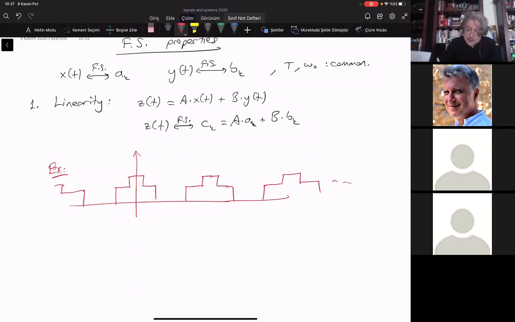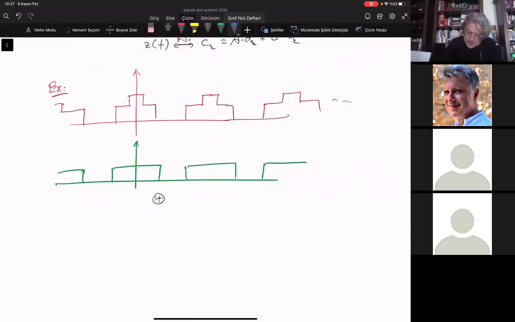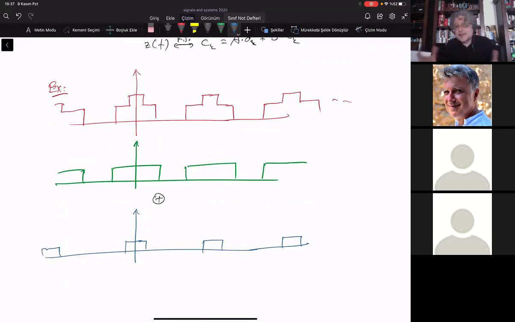Because this signal is equal to this signal plus this signal. Right? When you add the green and the blue signals, you get the red signal.